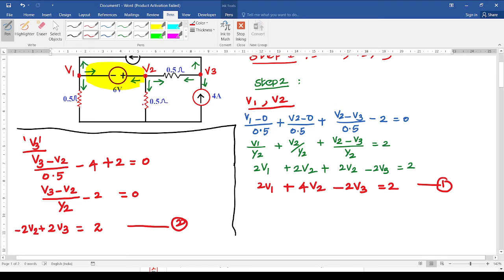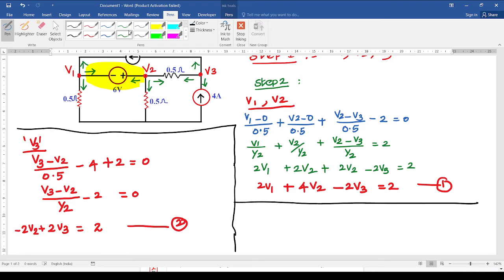And next I am going to explain equation number 3. To write equation number 3, I am going to consider the removed branch. The removed branch is the 6 volt voltage source, that is between the two nodes V1 and V2. Here the positive terminal is connected to V2, and the negative terminal is connected to V1.